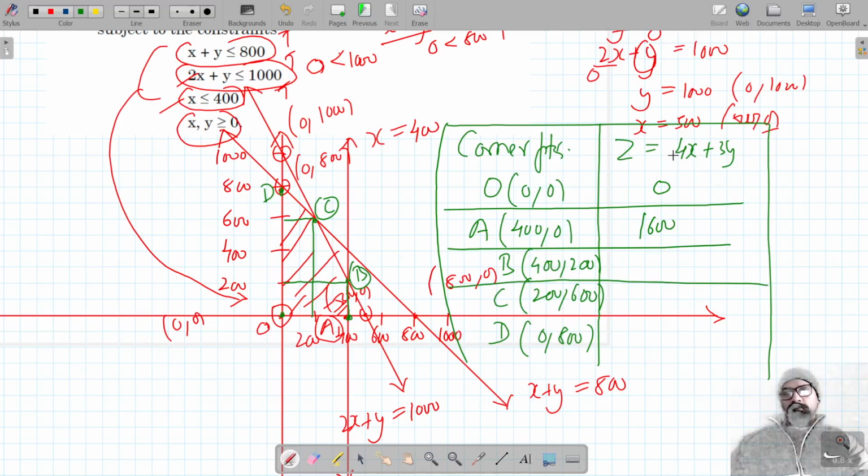So 400 into 4 is 1600, plus 600, which is equal to 2200. 800 plus 1800 is 2600, and this one is 2400. So we have 0, 1600, 2200, 2600, and 2400, and we have the maximum value at this.